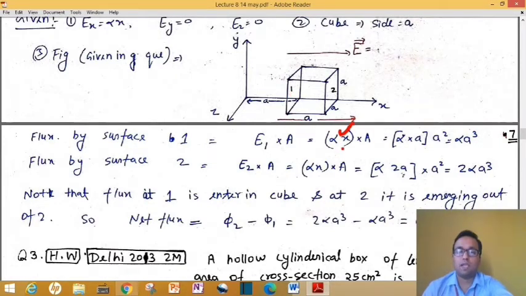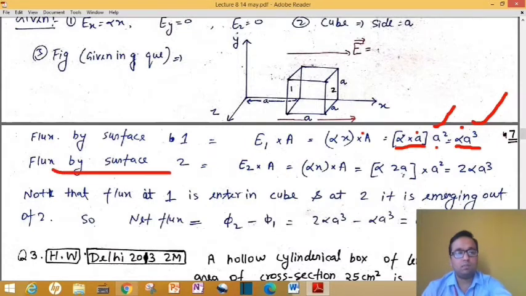So tell me what is x actually over here. x is the measurement in this direction, this is your x, so x is A actually, so you will replace alpha A over here, and the area is the area of face 1, and this is basically a square because it is a side of the cube, so its area is A square, and A square multiplied by A, you will get A cube. So our answer will be alpha A cube. Okay, this much unit of electric field will enter.